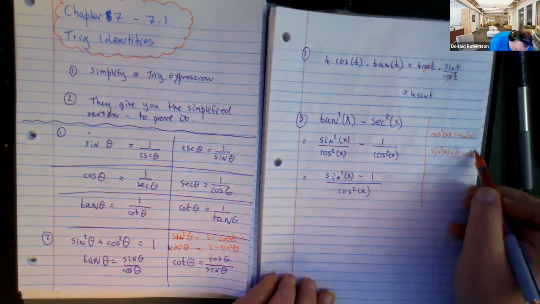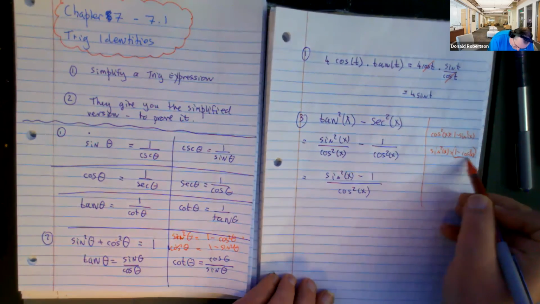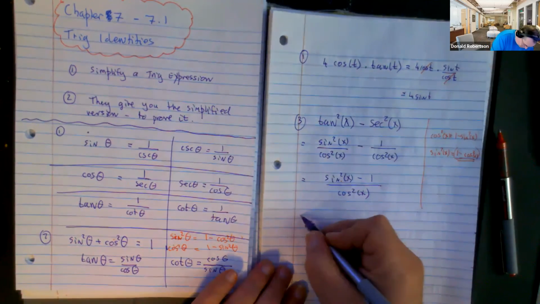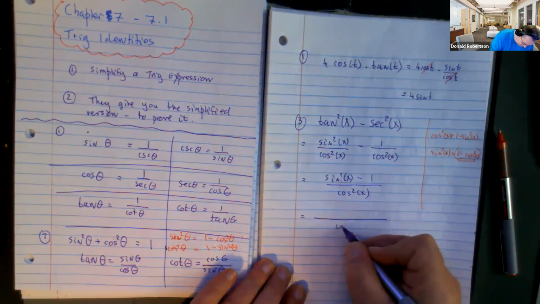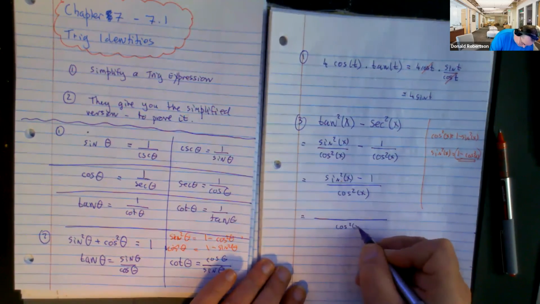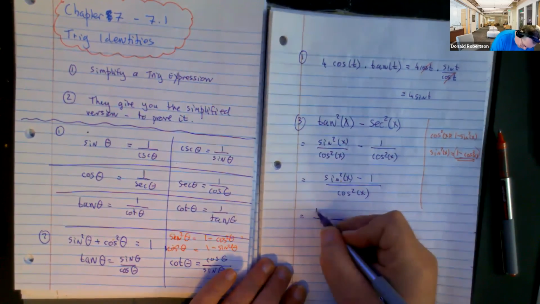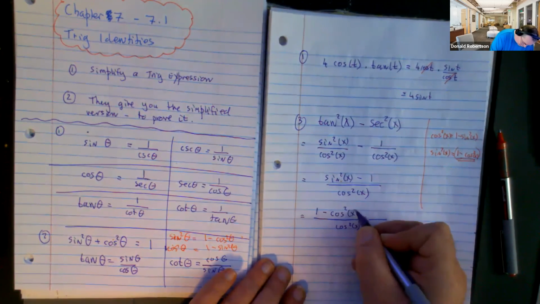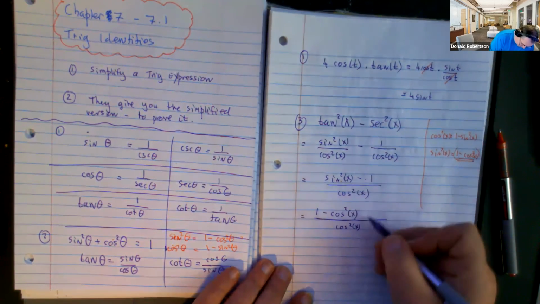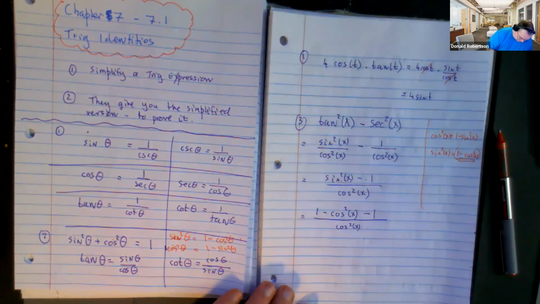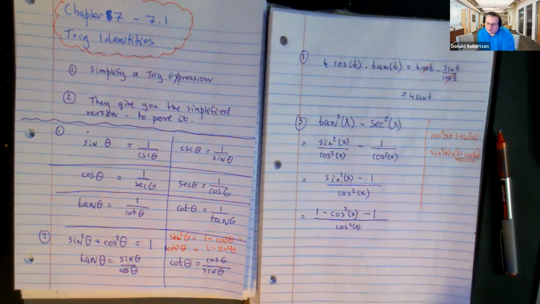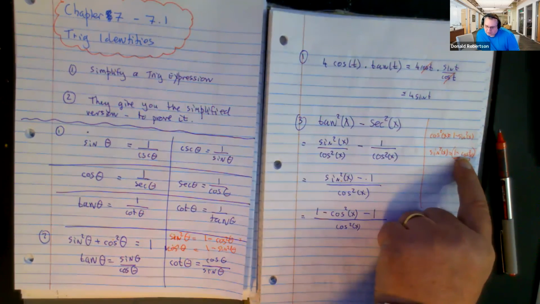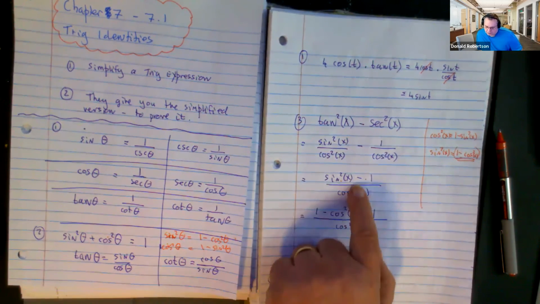Then one way of doing it is, couldn't I use that for sine squared? So let's see what we get. Sine squared x can be called 1 take away cos squared x, take away 1. So I'm replacing sine squared x with 1 take away cos squared x, and then I'm subtracting 1.